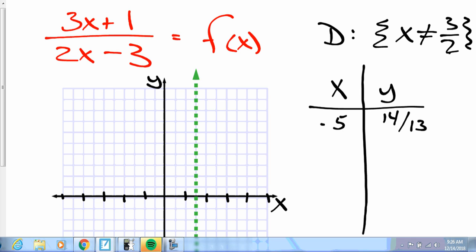How about, let's go with -2. -5 over -7, so 5 sevenths. 0 is a good number, right? 1 over -3, so -1/3. How about 1?